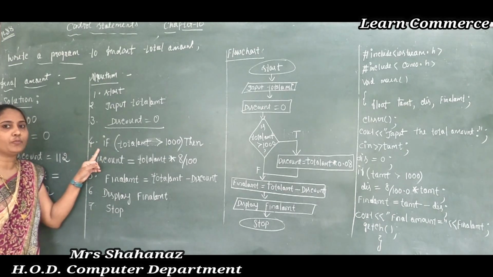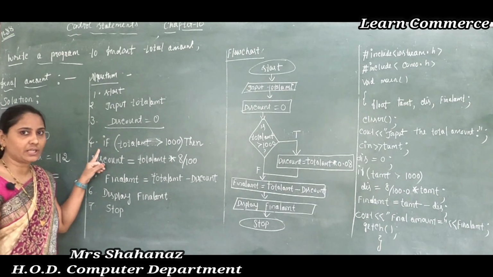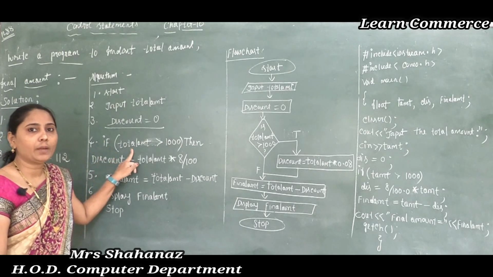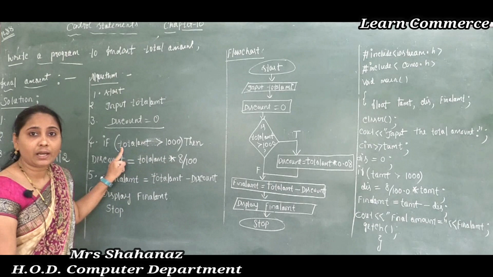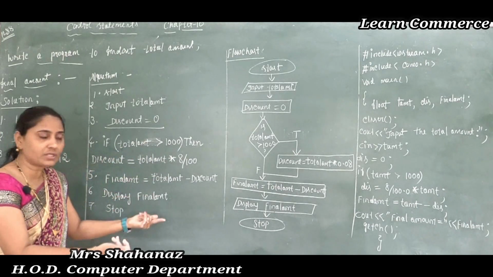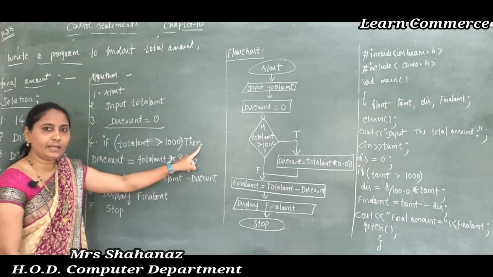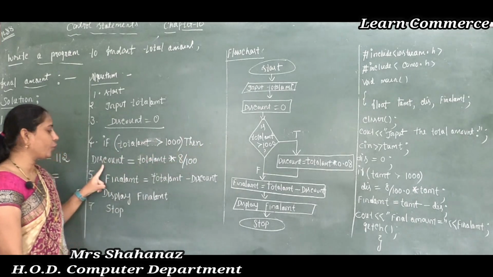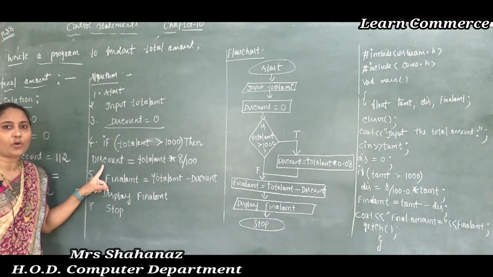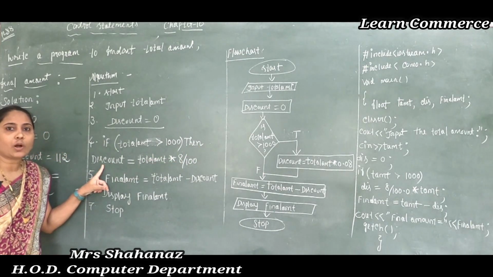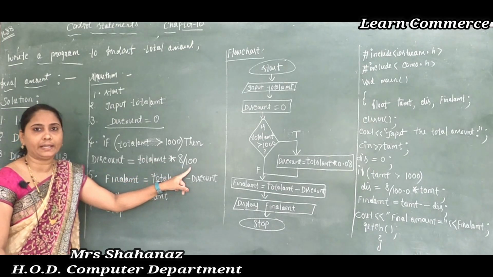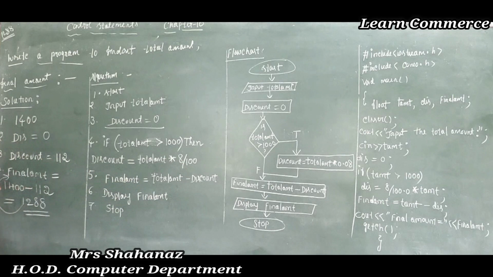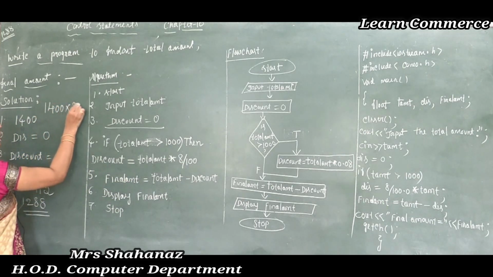But later, in the fourth step, we need to use the condition: if total amount greater than 1000. Clear this point here? If the condition is true, then we are going to calculate the discount. The discount is equal to total amount by 8 by 100. How did I calculate the total amount into 8 by 100?